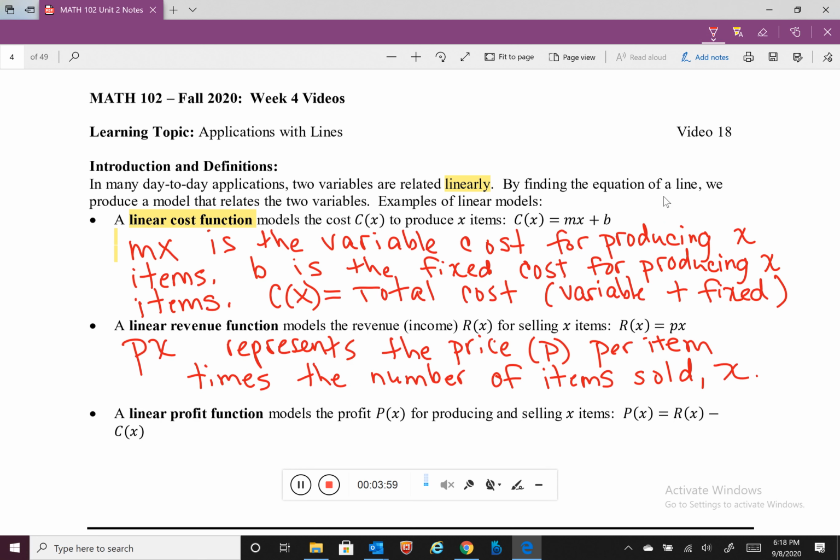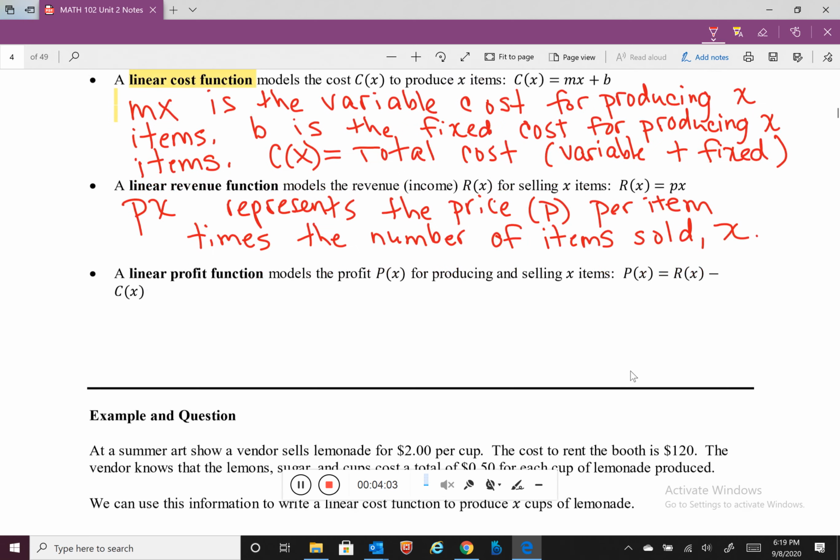So then we have our last function, which is a combination of the first two. And so if we think about profit, profit is what I actually end up with in terms of money after I sell my items and after I take into consideration that it actually cost me a certain amount of money to produce these items.